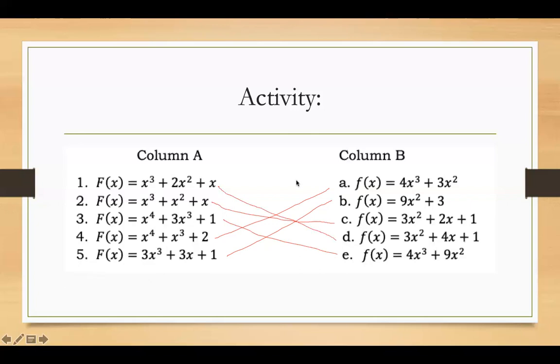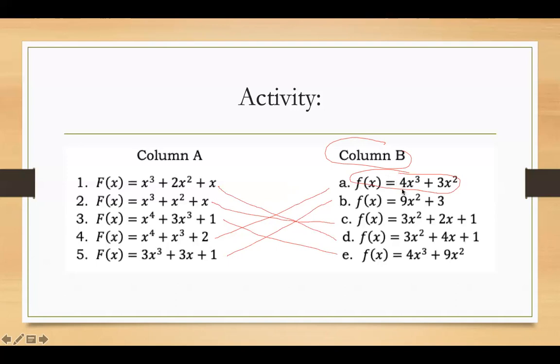Now, since we have learned most of the concepts in derivatives already, especially in algebraic expressions, the question is: what if we do it backwards? What if you are provided with column B, for example 4x cubed plus 3x squared, and you know that this is the derivative of a certain function?